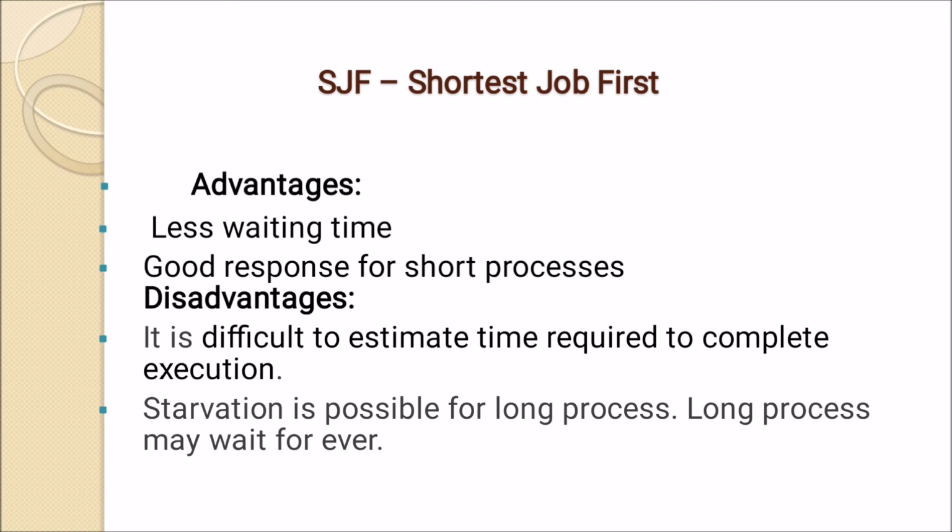And starvation is possible for long processes. Starvation means that long processes may never get a chance to execute on the CPU, so long processes may wait forever. These are the disadvantages of shortest job first.